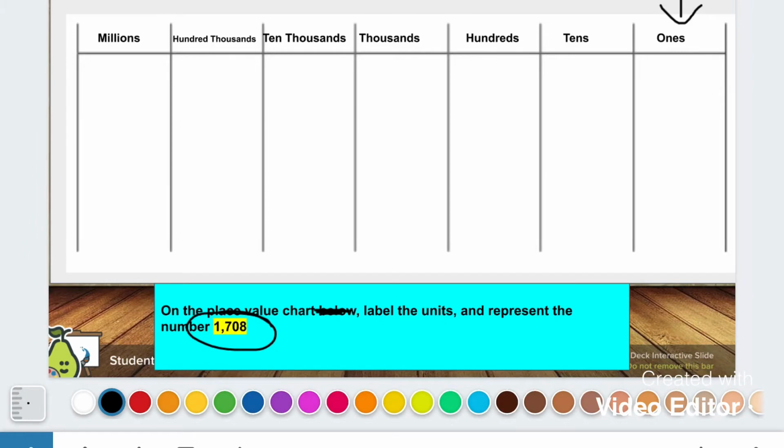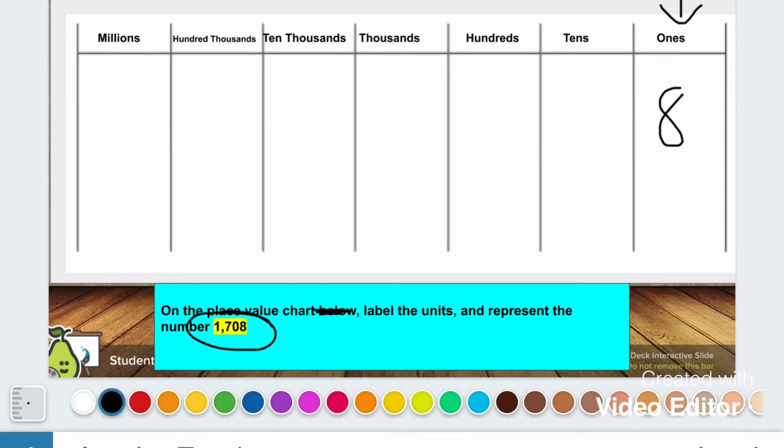What digit represents the ones place in the number 1,708? Is it the 1, the 7, the 0, or the 8? That's right, the 8. You guys, we did the hard part. The rest is easy peasy.